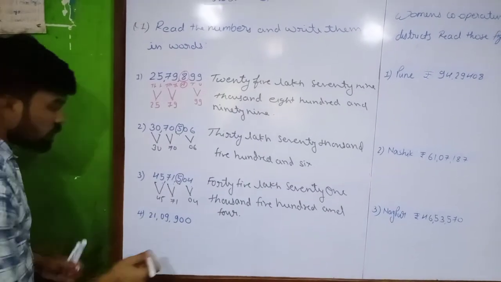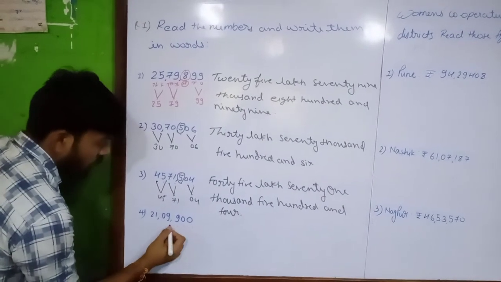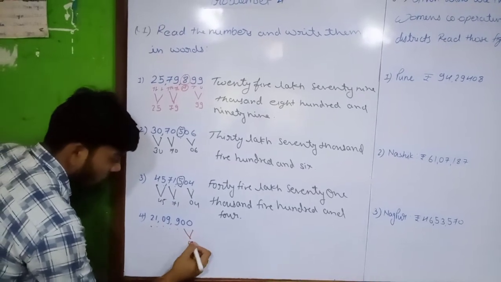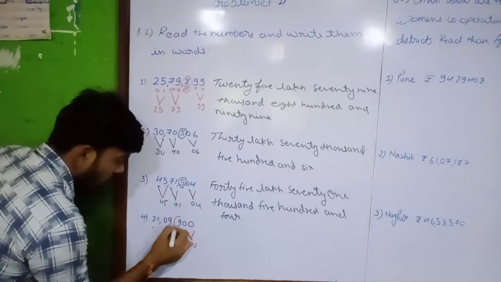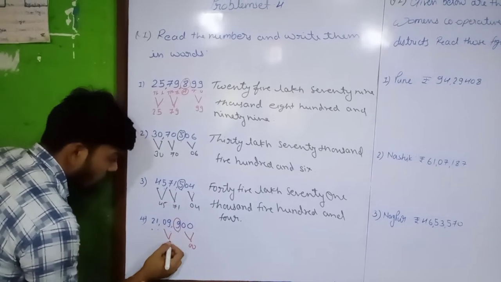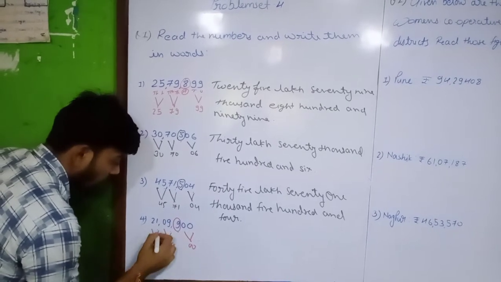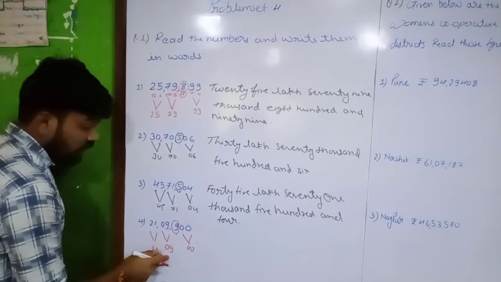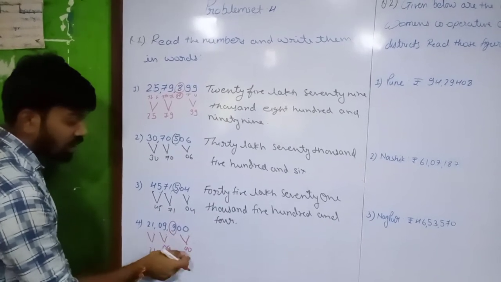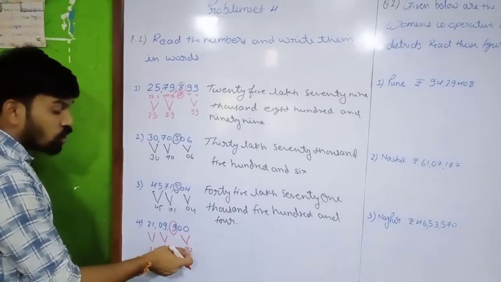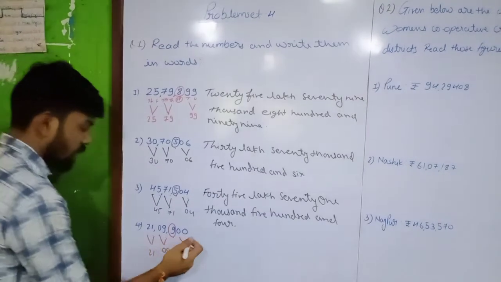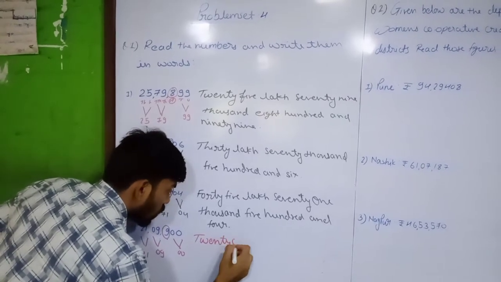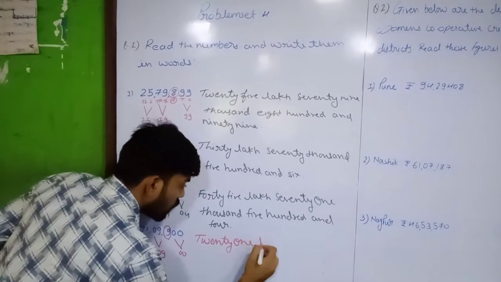The last one: unit, tens, 100, 1000, 10,000, lakh, 10 lakh. Units and tens together 00, 100 individually 9, 1000 and 10,000 make 00, lakh and 10 lakh make 21. So 21 lakh 9,900. We don't have anything at the unit place, that is 0, so it goes only till 900.